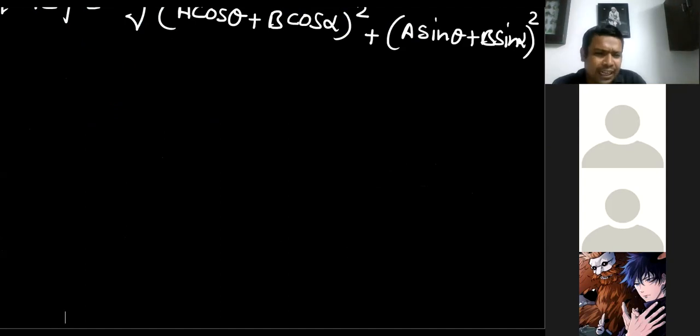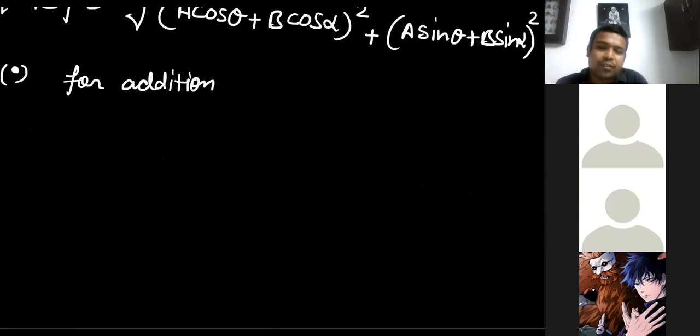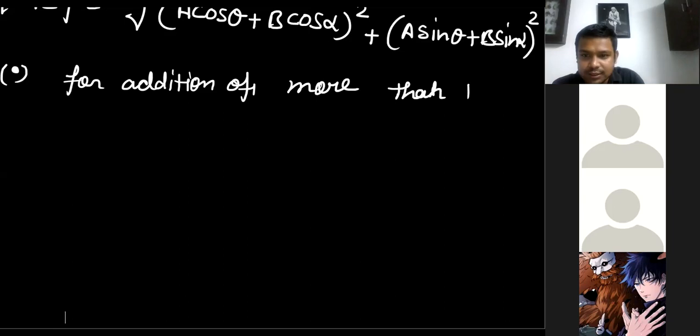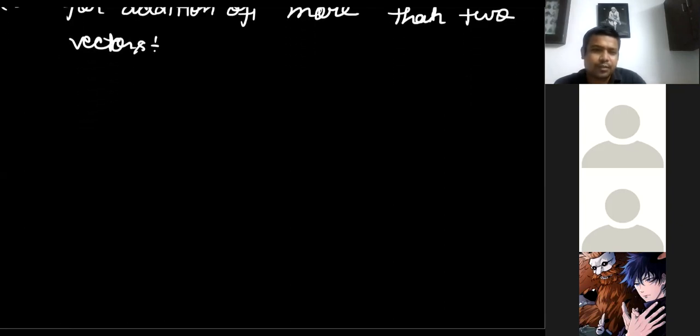Now it is very, very easy. For addition of more than two vectors, suppose like that, my dear friends, this is i cap, which represents the x direction.